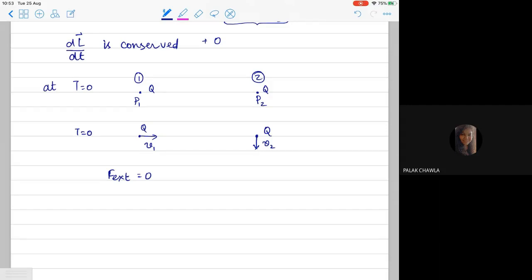But central to this description of motion is the concept of the point particle. So the first thing we have to do, which we intuitively do, is categorize whether a point particle description is good enough, or an extended system description is actually needed. And the answer is very simple.